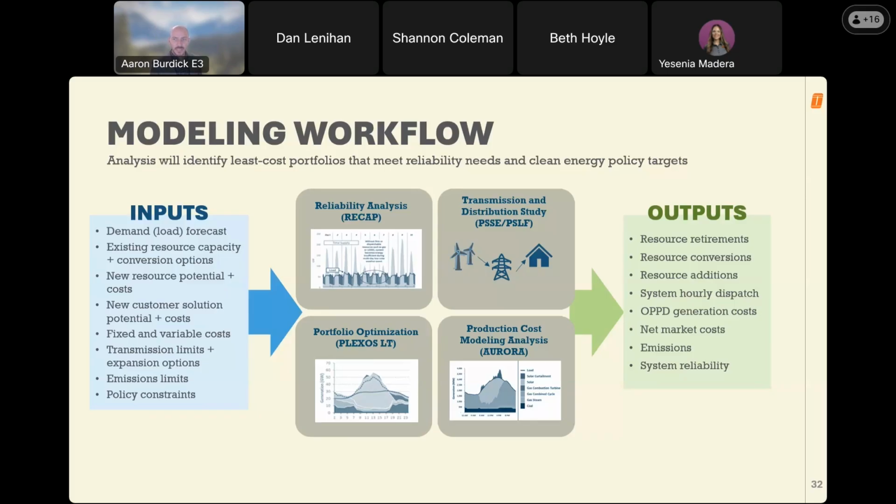This is a model that uses a least cost optimization to build out the portfolio of resources that meet load and resource balance in each hour of the simulation, as well as OPPD's resource adequacy obligations and the clean energy policies in the form of the net zero carbon strategic directive that we'll incorporate.